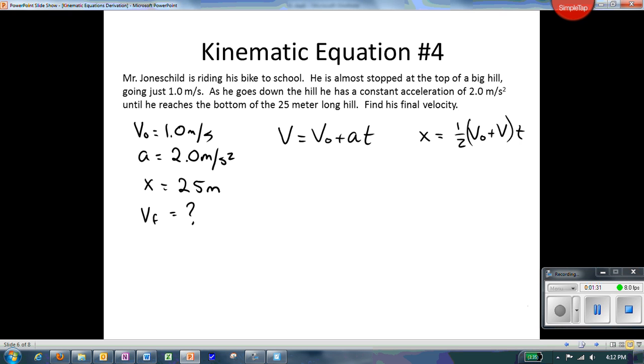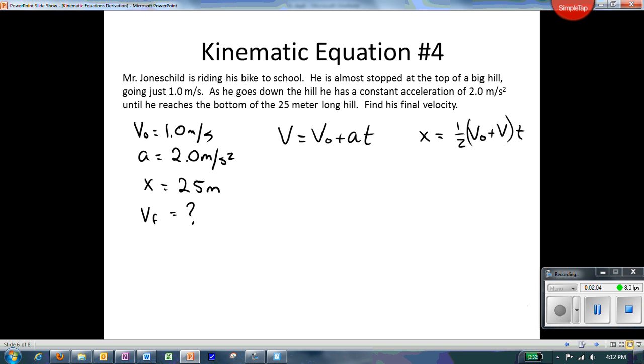So in both equations, if we were to write in numbers, we would have two unknowns. If we've got two equations and two unknowns, we should be able to solve the problem with this information. Instead of plugging in the numbers and solving it for this particular situation, it's useful to solve it in variable form so that we can have an equation for the final velocity given the initial velocity, acceleration, and displacement that could be used for other problems.